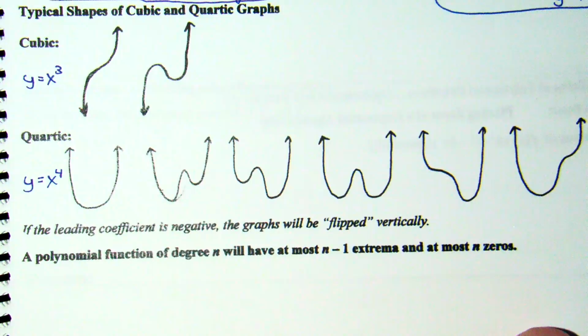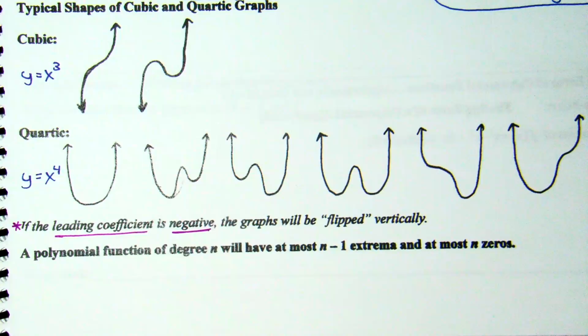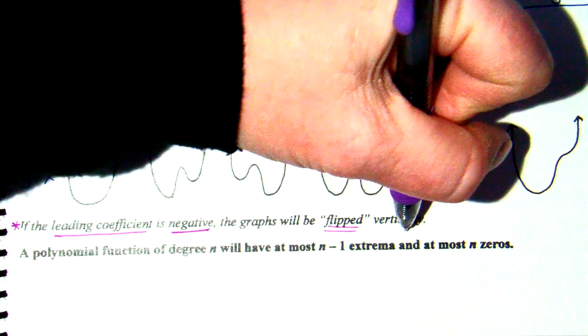Now, a couple of key points down here. I just mentioned this one. If the leading coefficient is negative, so if your x cubed or your x to the fourth, whatever your front runner is negative, the graph will be flipped vertically. So if it's negative x cubed, those graphs go upside down.